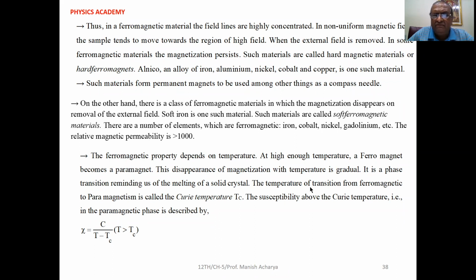The temperature of transition from ferromagnetism to paramagnetism is called the Curie temperature, Tc. The susceptibility above the Curie temperature, which implies the paramagnetic phase, is described by chi equal to C upon T minus Tc, where T is greater than Tc.